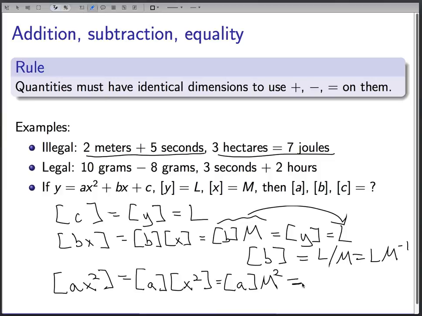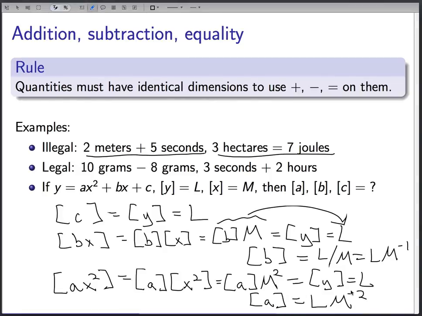And that has to equal the dimensions of y, which are L. So we have dimensions of a times M squared equals L. So the dimensions of a will equal L divided by M squared, or L M to the minus 2. Right? So this is how we've used addition, subtraction, and equality to figure out what the dimensions of certain quantities are.